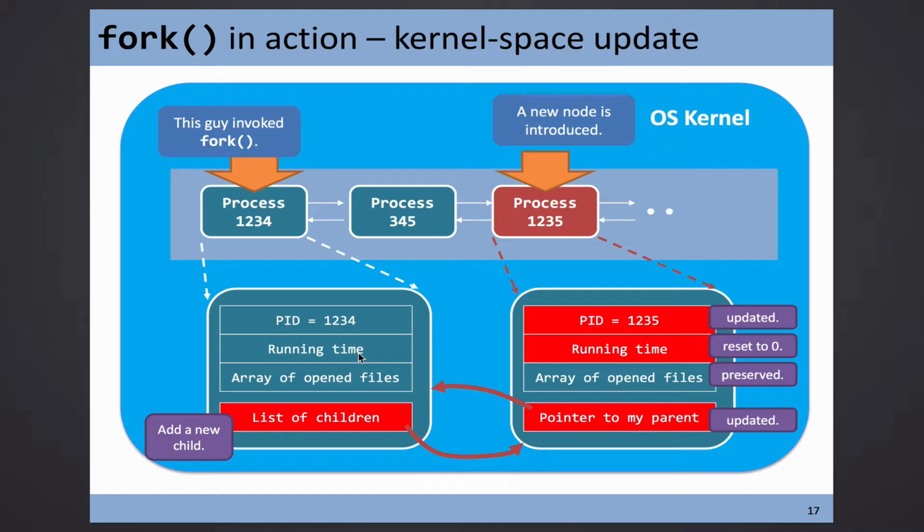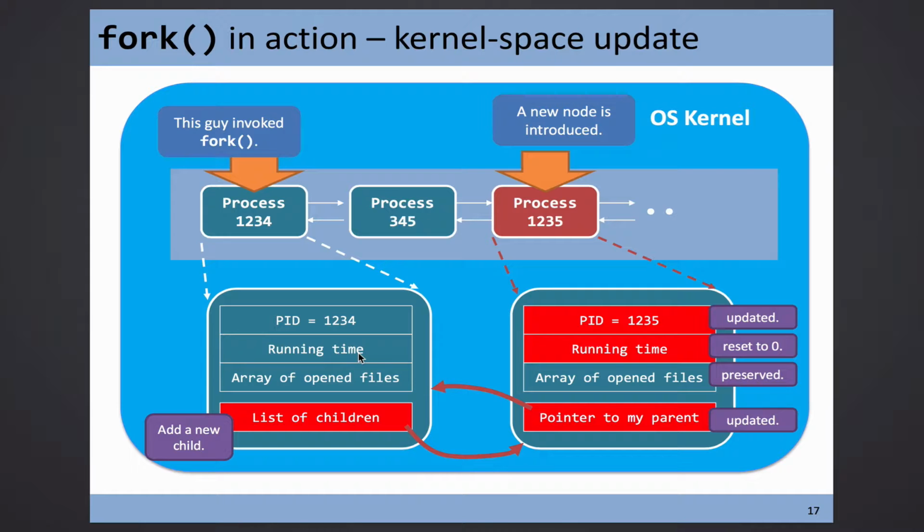There are some pointers, but you don't have to care about this. It's just a relationship. I am a child, so I have a pointer pointing to my parent, so that when I want to know who my parent is, I can follow this pointer to find out. And here is a list of children. Maybe this is an array of pointers, maybe it's a linked list. It's just a list of children. Why do you need this list?